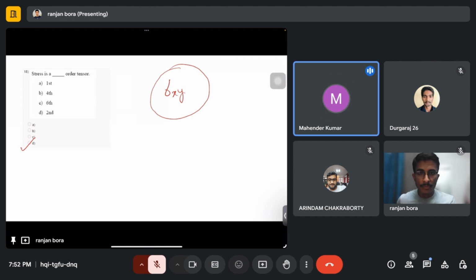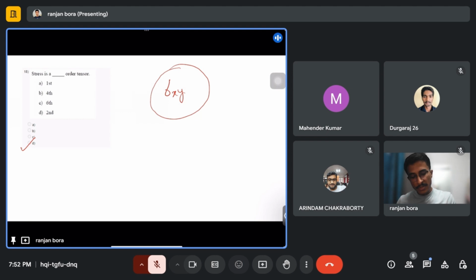First, change the shape of the object. No, see, this is the notation of the stress. Like in this, we have x and y. What does x represent?